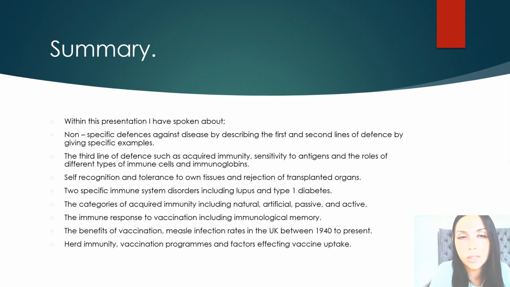Self-recognition and tolerance to own tissues and rejection of transplanted organs, two specific immune system disorders including lupus and type 1 diabetes, the categories of acquired immunity including natural, artificial, passive and active, the immune response to vaccination including immunological memory, the benefits of vaccination, measles rates in the UK between 1940 to present, and lastly herd immunity, vaccination programmes and factors affecting vaccine uptake.